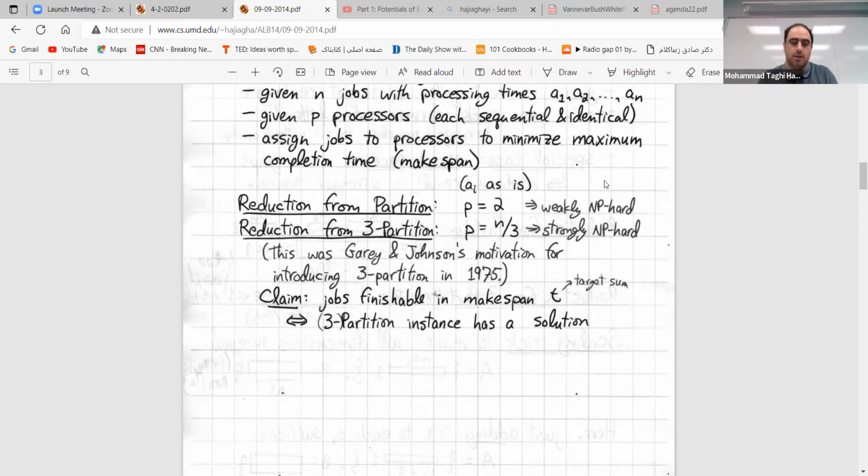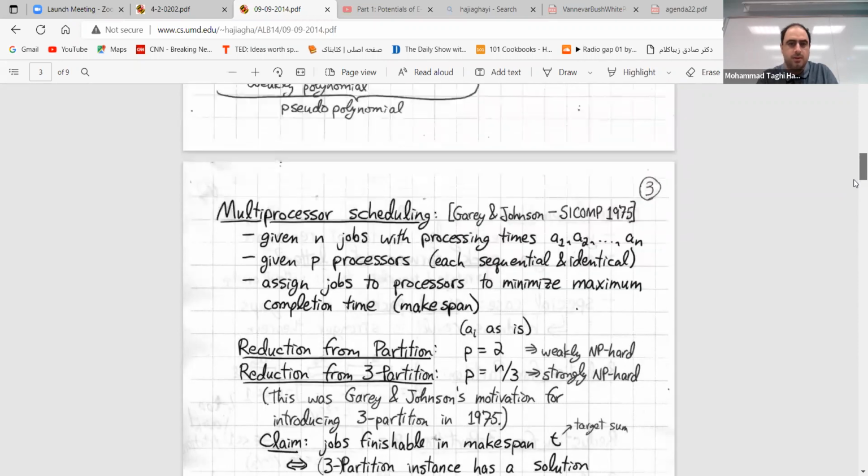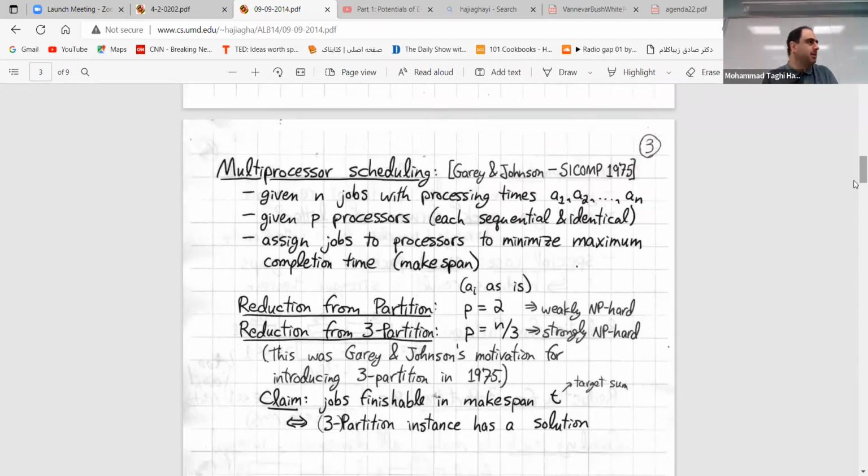And we talked about some problems, especially the original of this problem that comes from the makespan problem. You will hear makespan a lot when you do the scheduling problem. You want to minimize the maximum processing time of a machine. And that was a very simple reduction from 3-partition or partition.